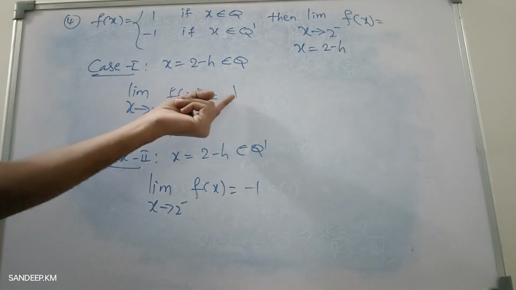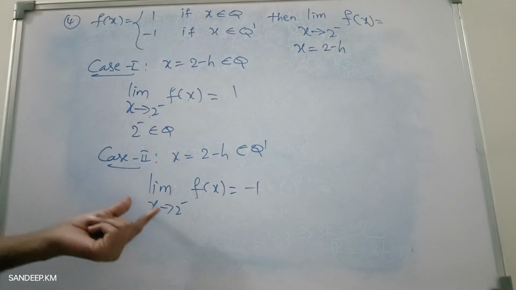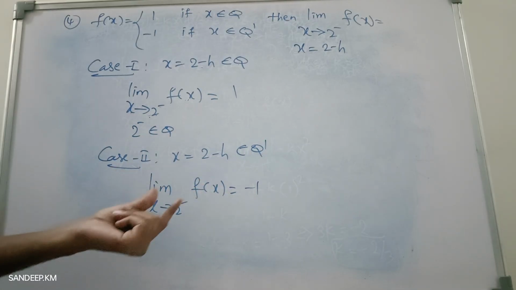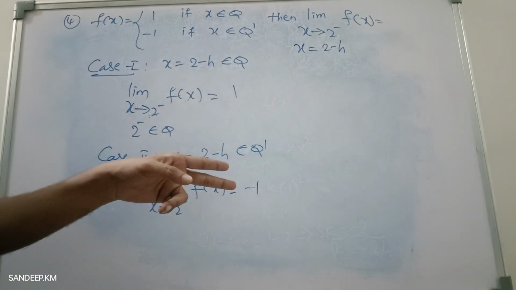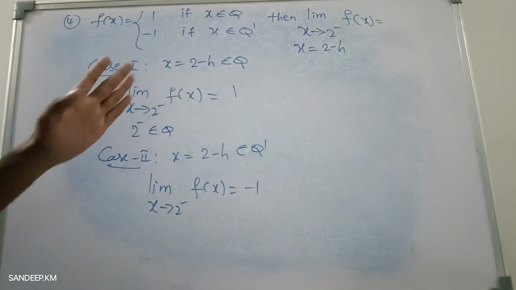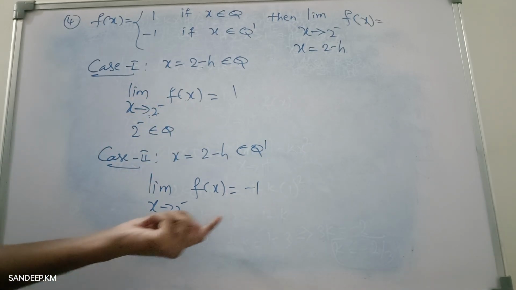Please observe one thing. The left hand limit is plus 1 if x is a rational number, and the same left hand limit is minus 1 if x is an irrational number. See, we should not get two different answers. For rational or irrational number, LHL must be the same. Then only we will write LHL is equal to that number.